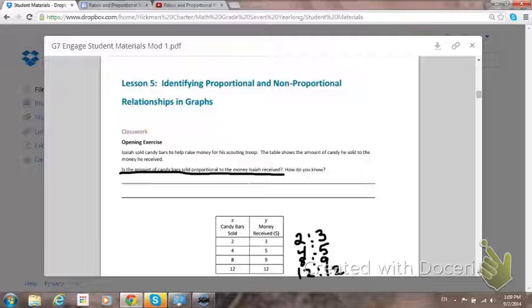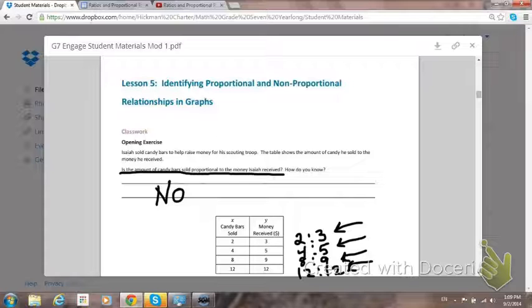So you can see right away that it is not proportional. The candy bars sold and the money received are not proportional because you can see those ratios change as we go down the table.